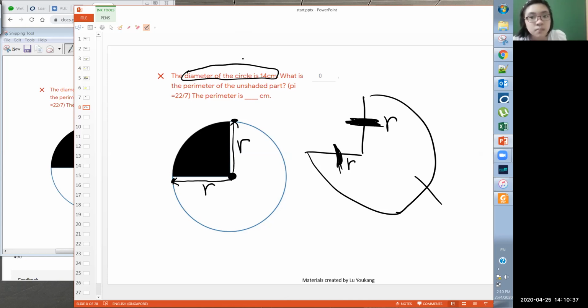So if the diameter of the circle is 14, what's the radius? Diameter is 14, then the radius is what? We just talked about it just now.